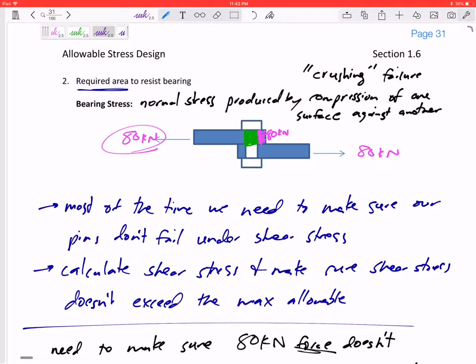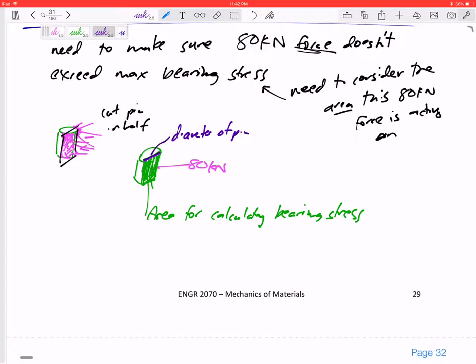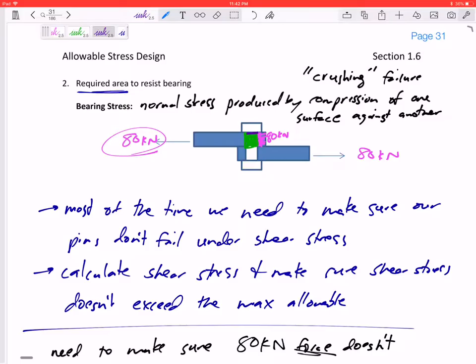Right, that dimension is the diameter of the pin. And this dimension right here is the thickness of the plate or this rod or, you know, this beam. That would be the thickness right here of that plate.